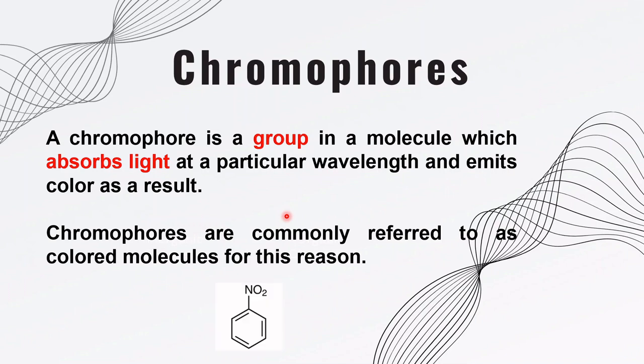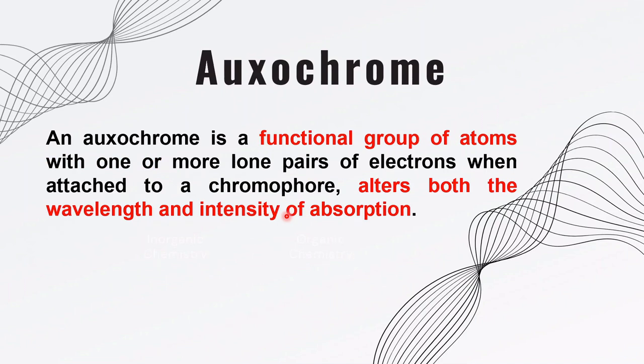Example, nitrobenzene. The nitro group is a chromophore for nitro compounds. Next one is auxochrome. In Greek, auxo means increase, chrome means color. So it increases the color. From the name itself, you can say that it is to increase the color.